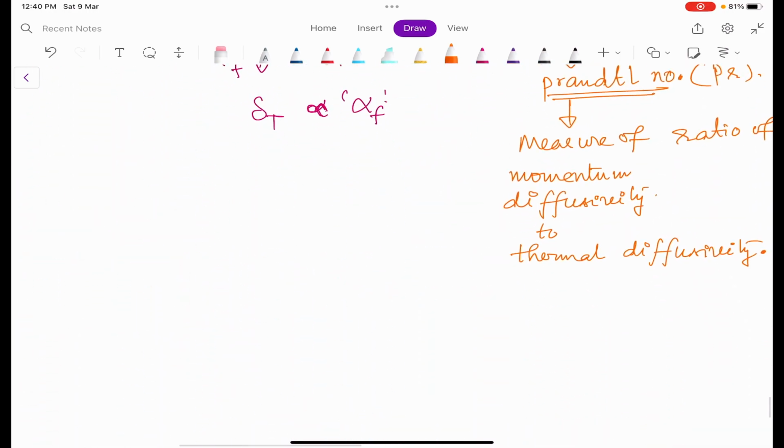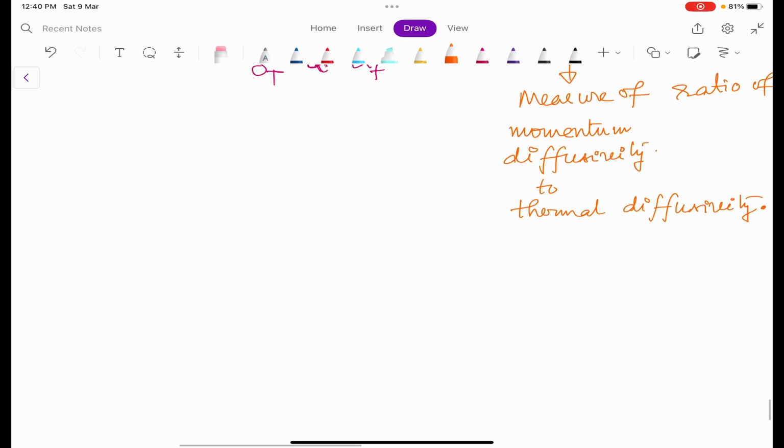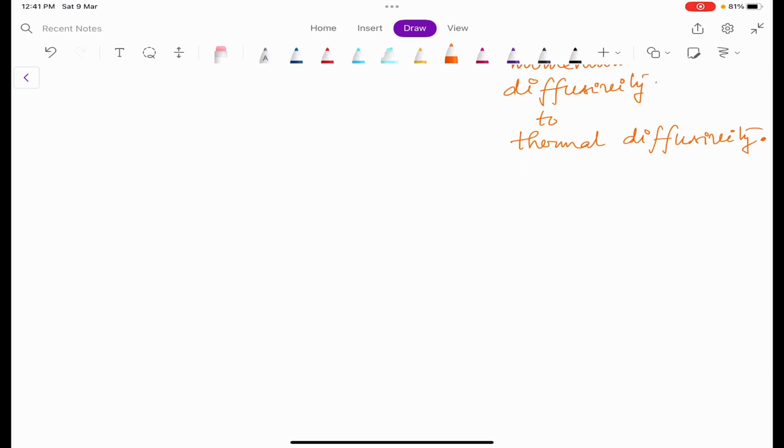Now, having told that, let us solve for the delta t. How can we find the delta t?